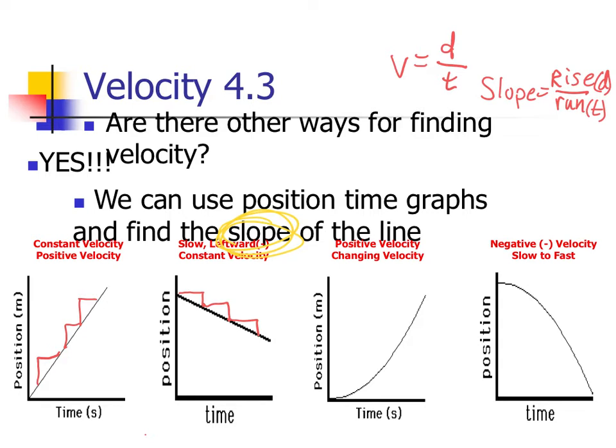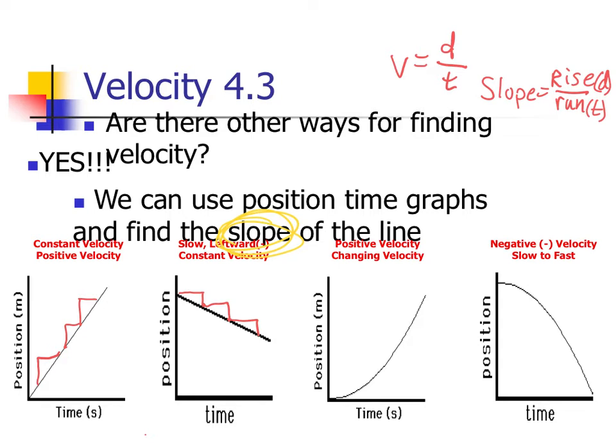The time is increasing as you go across. The position is changing in a negative direction. So as you go down, it's constant. However, it's just constantly negative.